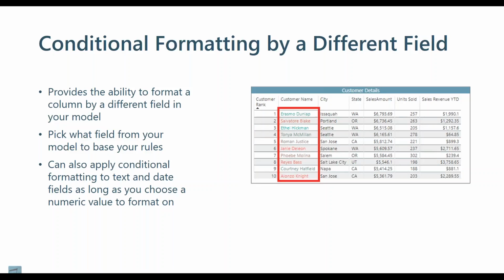And this feature, now the next two features actually occurred in the latest May release of Power BI Desktop. So the first one we'll take a look at is conditional formatting by a different field. This gives us the ability to format columns by using a different field within our data set.